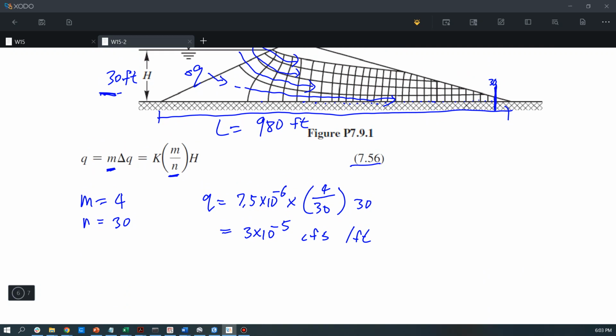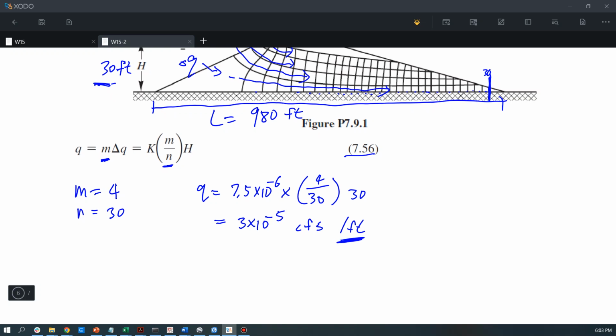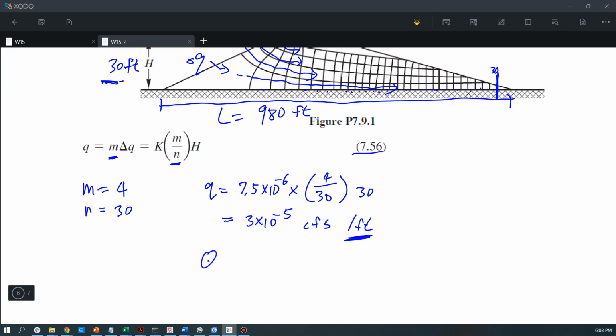Okay, and to evaluate the total seepage over the full length of the leaf, we need to eliminate this per feet. So to do that, the Q represents the seepage rate.